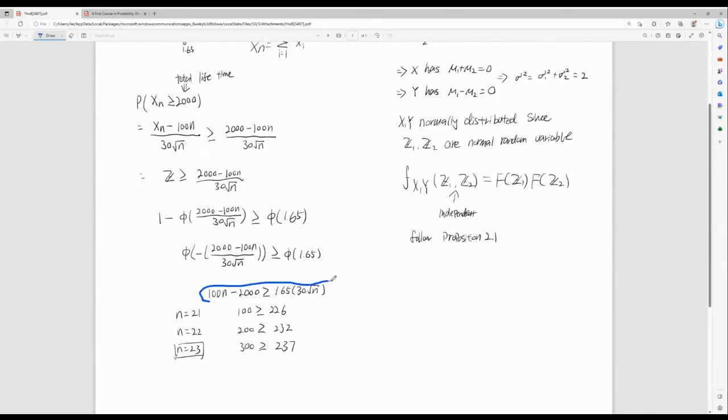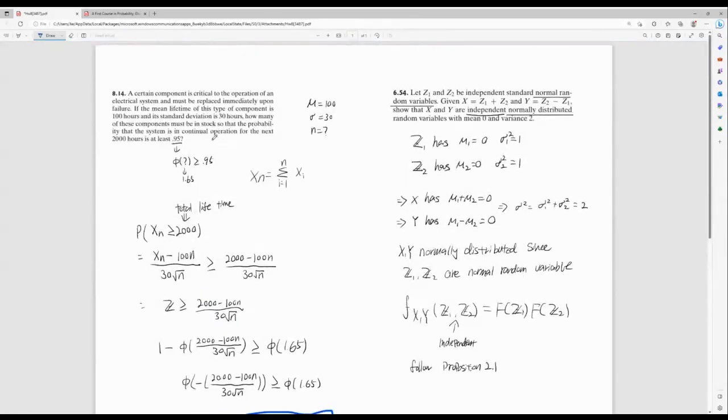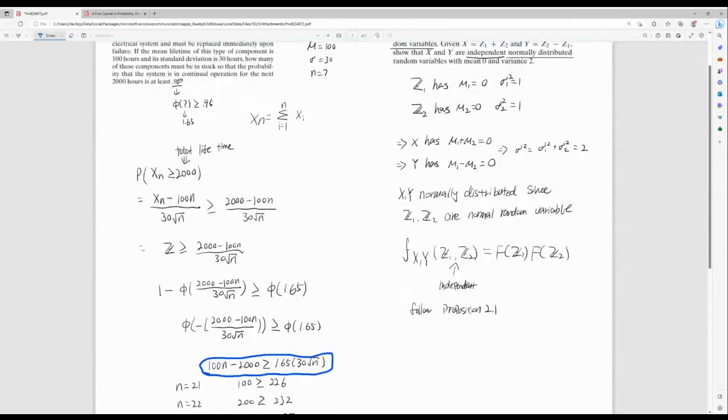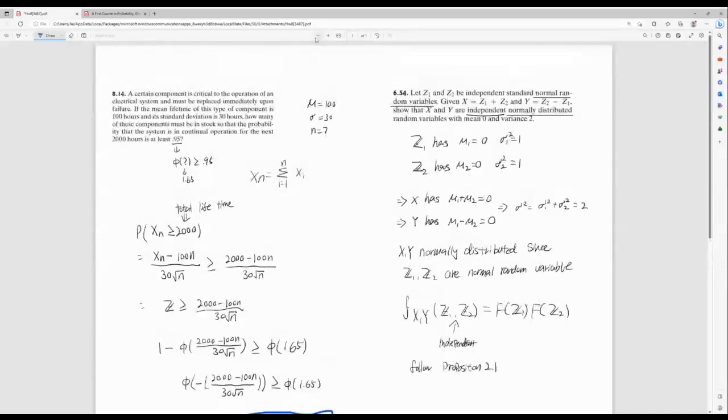And we got this, but I'm not really sure how to calculate it algebraically. So I just plug in the n value, and when n is equal to 23, the probability would be at least 0.95. That's the first question.